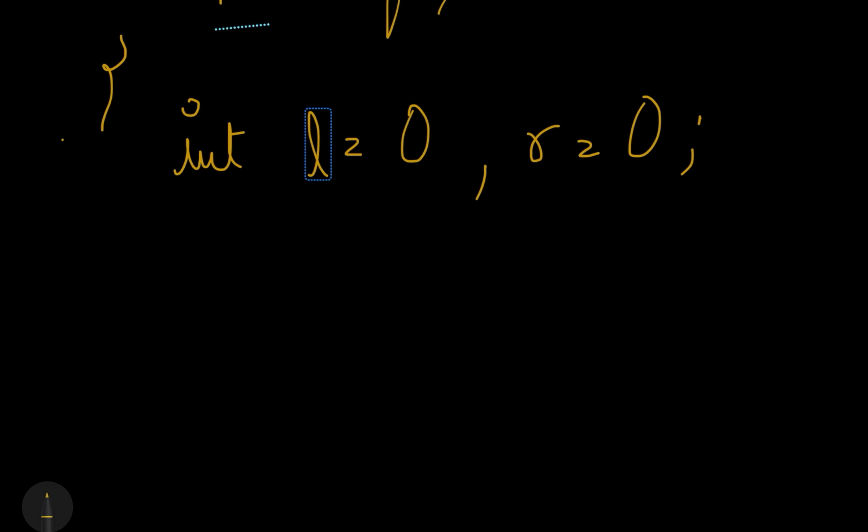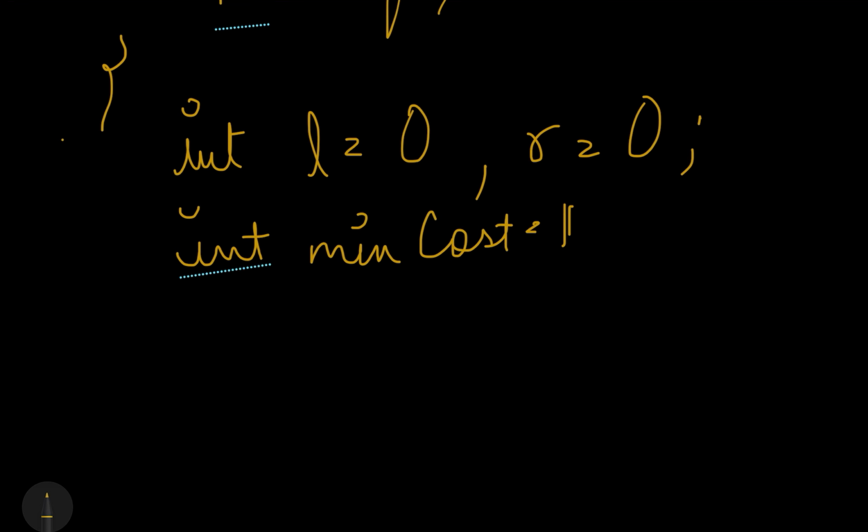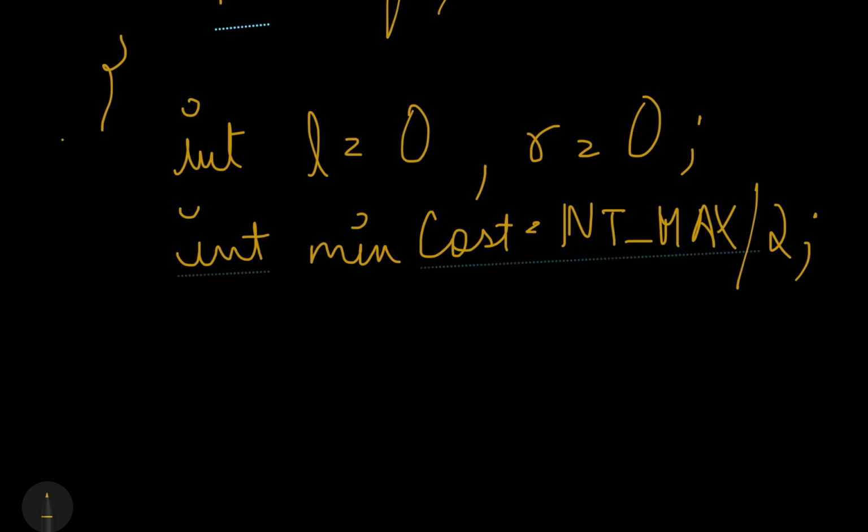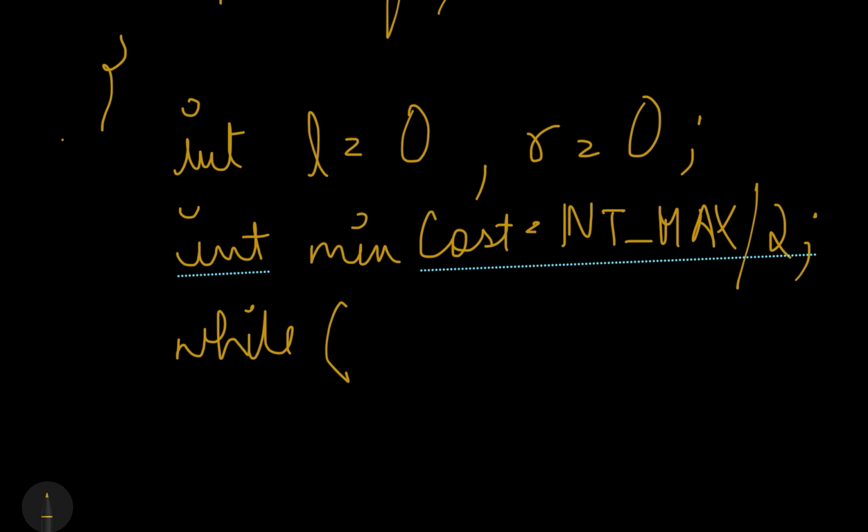For each iteration, one more teleport is allowed. Then we define l equal to 0 and r equal to 0. These are sliding window pointers to track the minimum cost among equal valued cells. Now we'll apply this logic on our sorted cells.